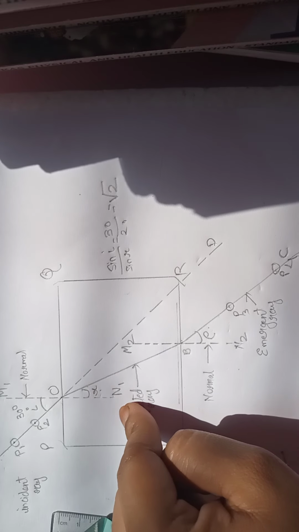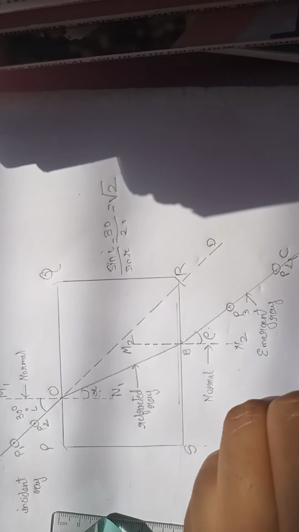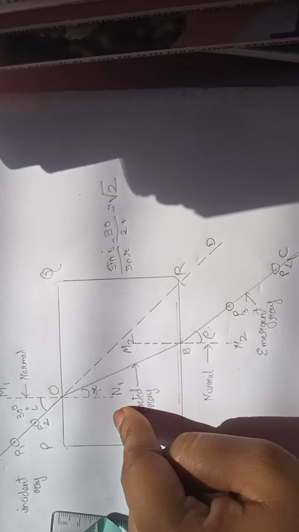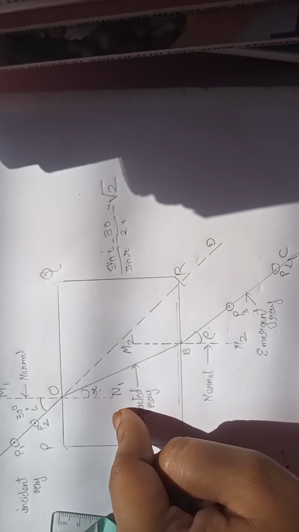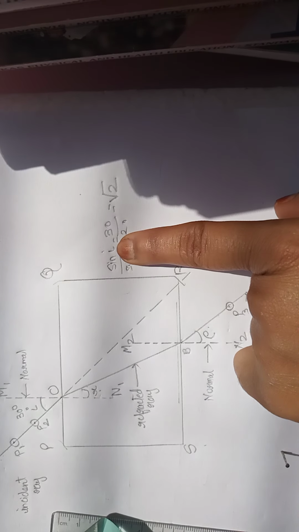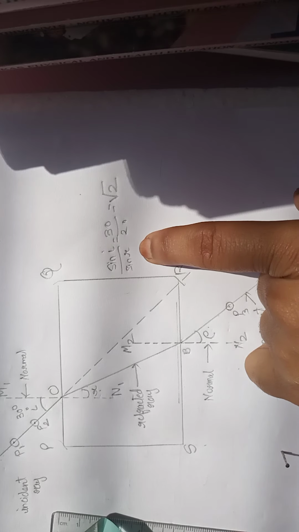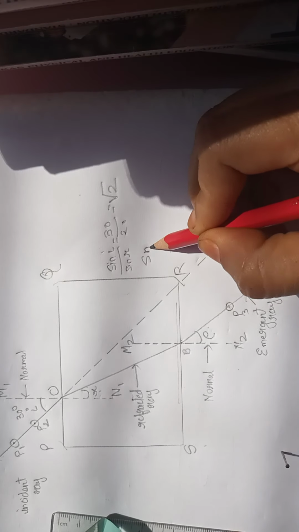For a given pair of media, here what is the pair of media? Air is one medium and the glass slab is the other medium. The ratio of sine of angle of incidence to the sine of angle of refraction is constant. This is known as Snell's law.